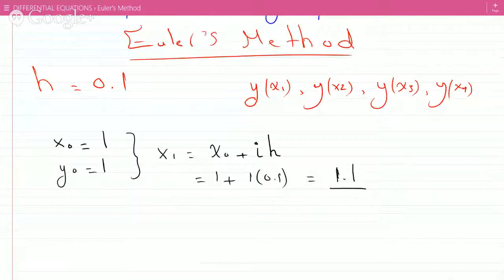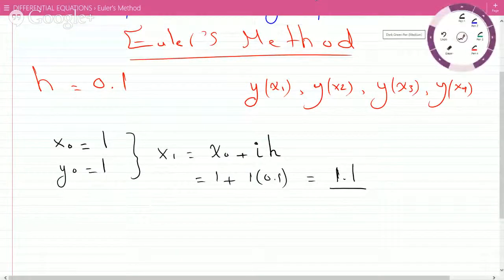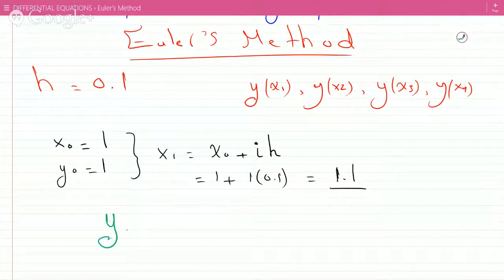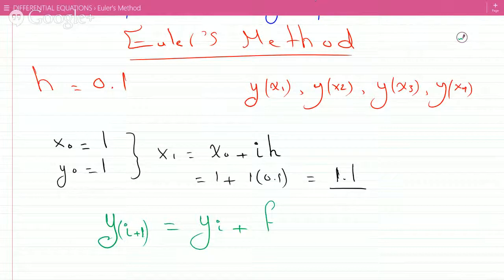And now how do we get y? We use Euler's formula. So let's write here Euler's formula in general. You have to know this. Euler's formula says y at the next point up from where you are is equal to the initial y plus the value of the function f evaluated at the current point, multiplied by h.